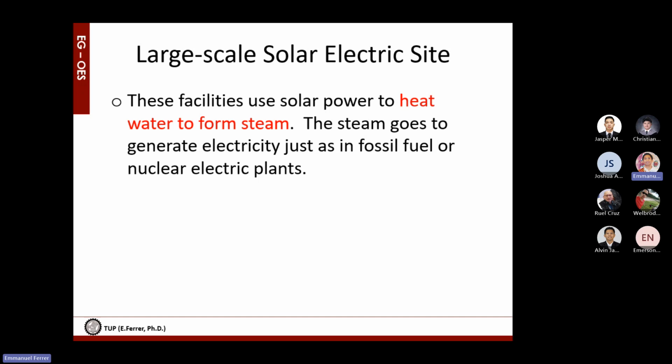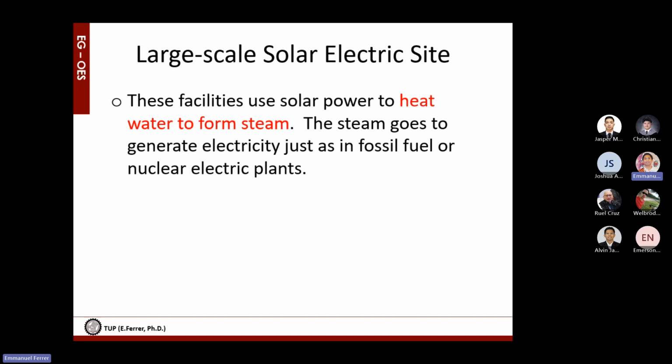Pero kapag may tinatawag tayong solar concentrators, concentrate the sunlight, or the heat from sun to heat up water to form steam, 'no. So, essentially gano'n yung nangyayari, and then siyempre you have the steam turbines to generate electricity, ano.